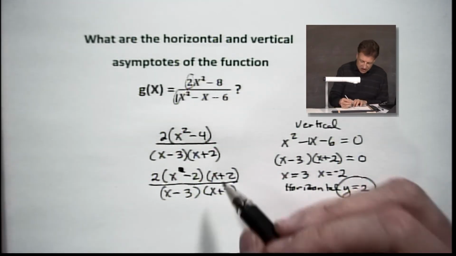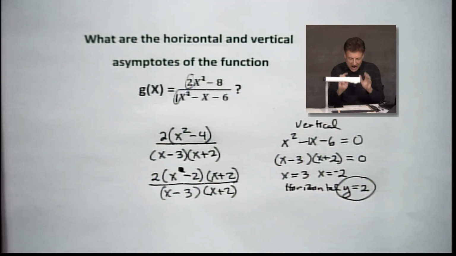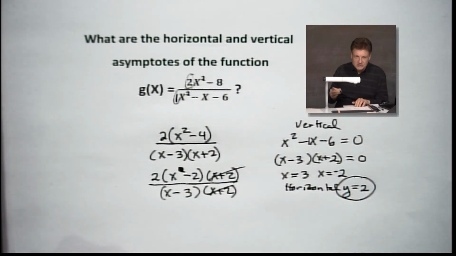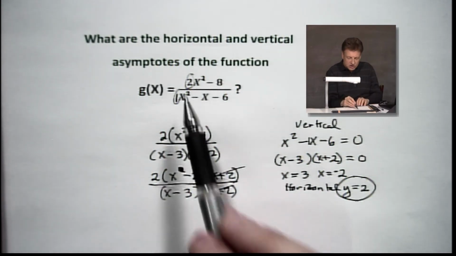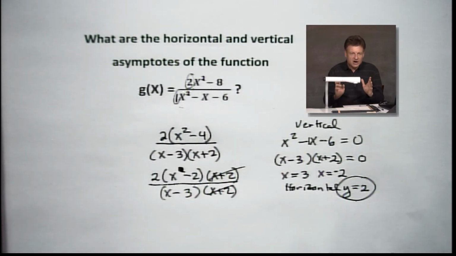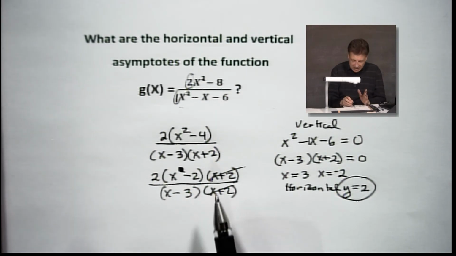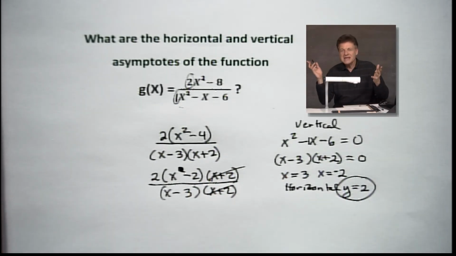What happens here is if we were reducing this fraction, you're going to see the x plus 2's disappear. However, there's still a problem because if you go back to that original function there, we have a hole in the graph, because when it hits -2, it's still going to give me a 0 down there, but it's going to also give me a 0 up here, which is absolutely meaningless.